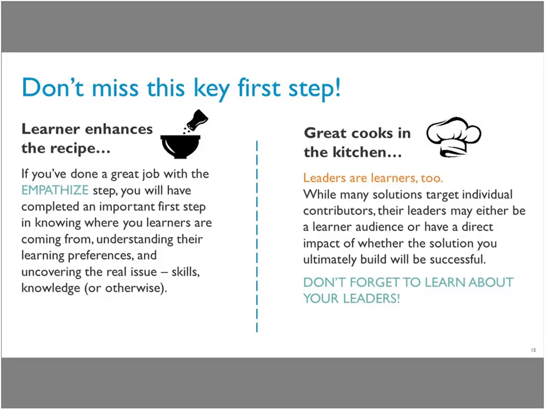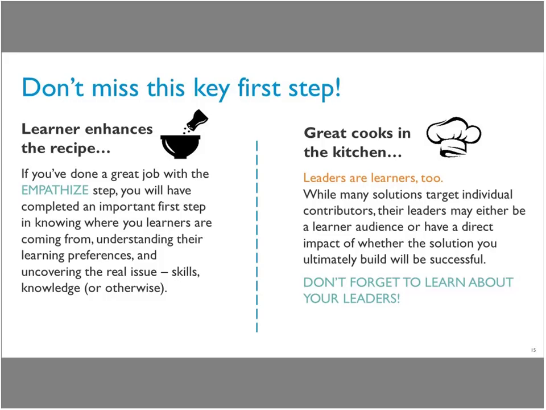Another thing not to miss as we think about the Empathize phase during the design thinking process is remember the leaders. Sometimes we build solutions for individual contributors, whether that's sales, retail, technical, but a key component of the success of any learning solution is the involvement of that individual's leader.